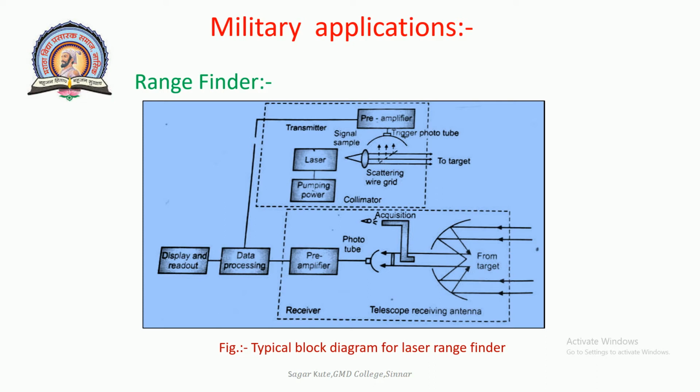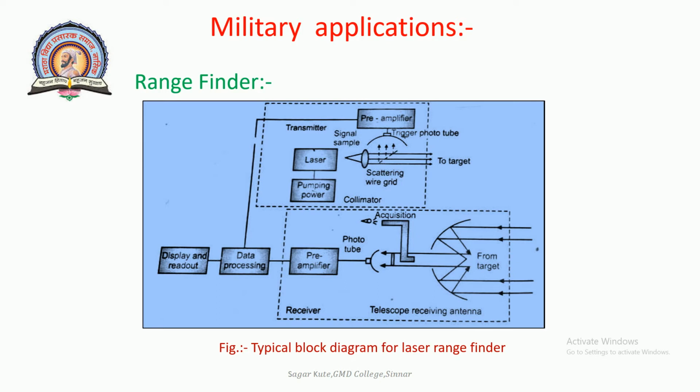This is also known as a range finder. Neodymium and carbon dioxide lasers are range finder lasers. These laser range finders are lightweight and have higher reliability and superior range accuracy as compared to conventional range finders.